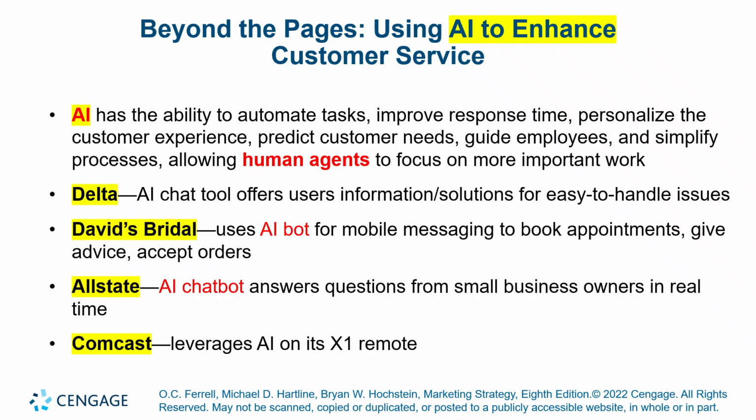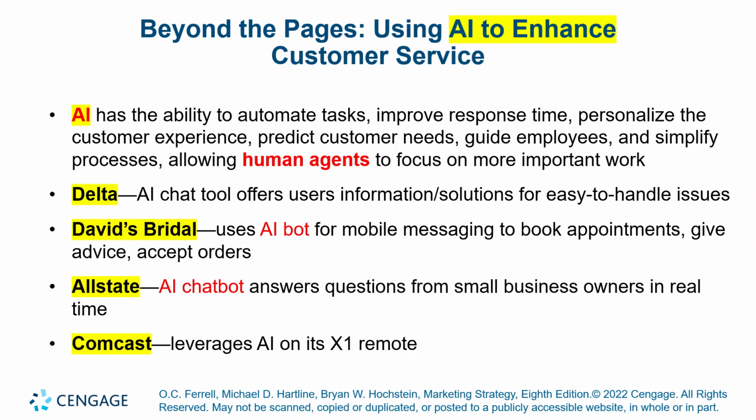Delta Airlines' AI chat tool offers users information and solutions for easy-to-handle issues. David's Bridal uses an AI bot for mobile messaging to book appointments, give advice, and accept orders. Next time you make an appointment, you'll be talking to an AI.